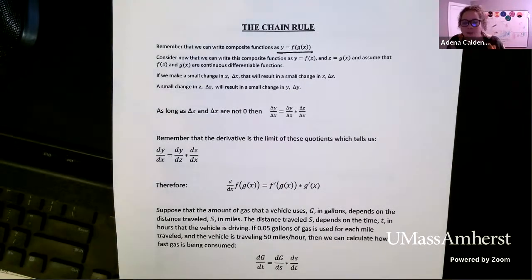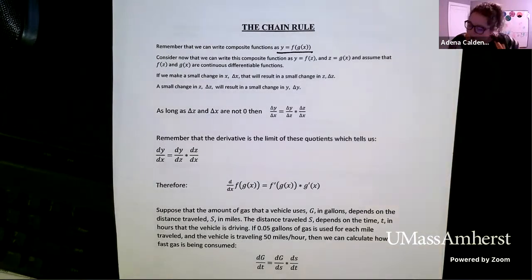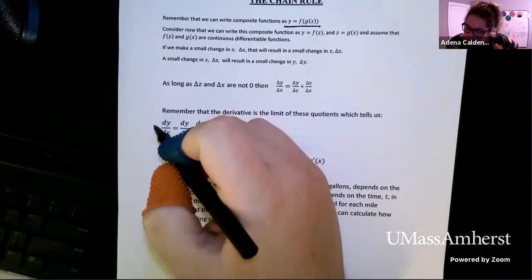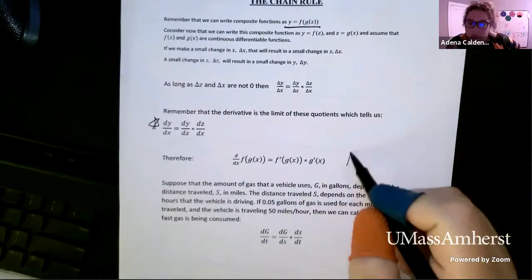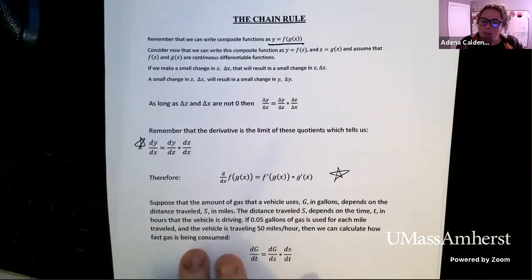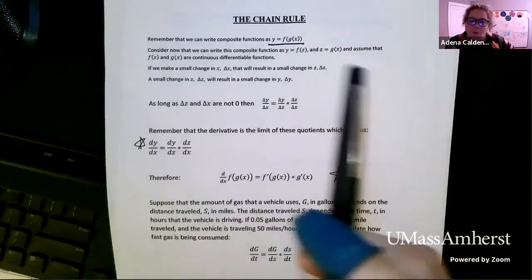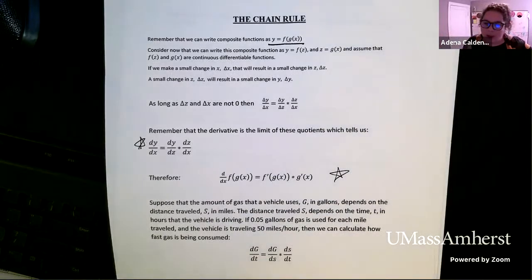So there's some background on the chain rule here, but I want to jump down to these. These are the key pieces. If you're interested in what's happening in the background a little bit, we'll do quite a bit of it today, but this is the formal definition that we're thinking about here.